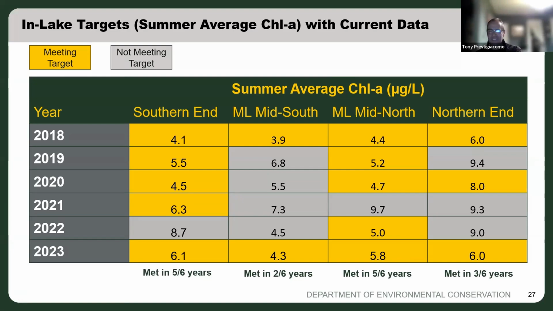So we could tease that out a little more, but I wouldn't be able to tell you what, as an example, caused this high year in 2022 without taking a closer look at the foundational reports for the TMDL, and then for the current data set, I'd have to do an analysis to see why that year was higher than the others.